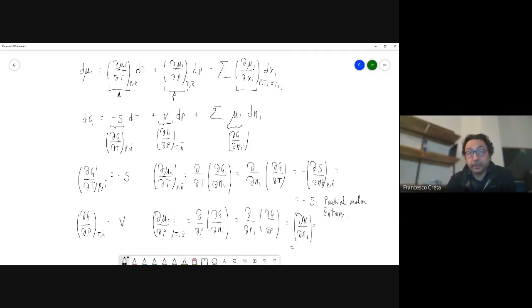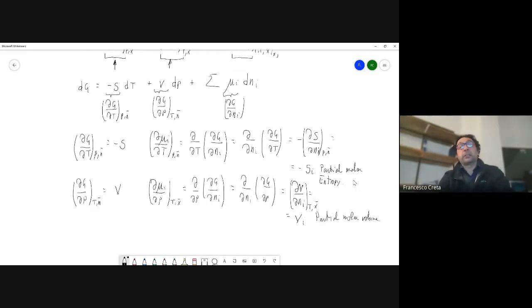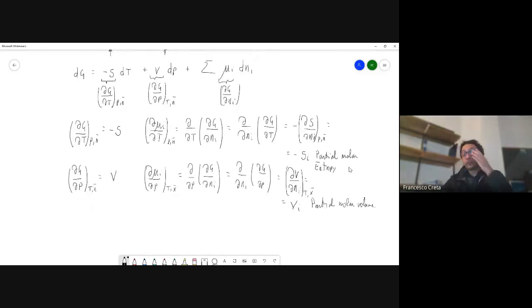I don't want to make the notation too heavy here, but what this is, by definition, is a partial molar volume, which is essentially the change of volume when you add 1 mole of substance I to the whole mixture.